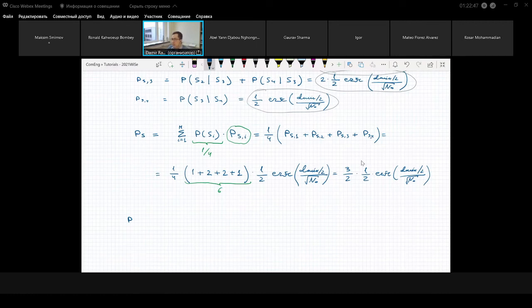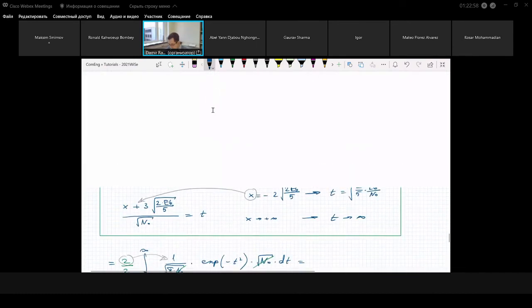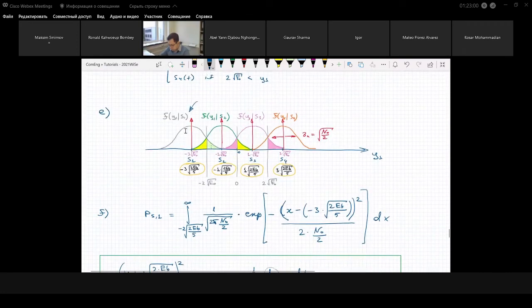It means that when we make mistake in our transmission, mistake happens only between nearest neighbors, only between adjacent points. And we don't consider cases when we have errors between distant points. For example, if we transmit S1 and we made decision that it was S3, we ignore such cases just to simplify our notation.